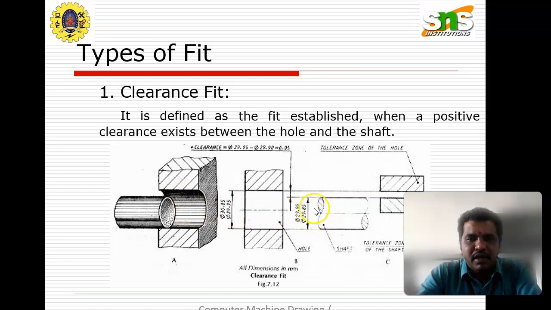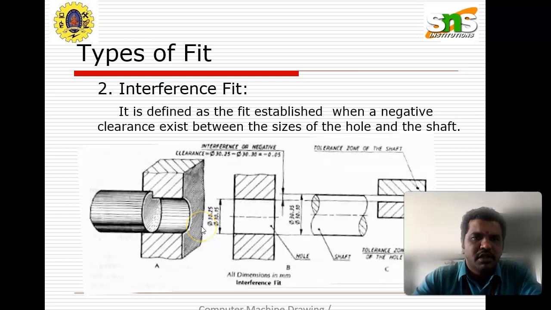The shaft dimensions are represented separately, and the hole dimensions are also represented in a separate diagram, each with two separate values. The clearance fit is defined as the fit established when a positive clearance exists between the hole and the shaft. Next is the interference fit.